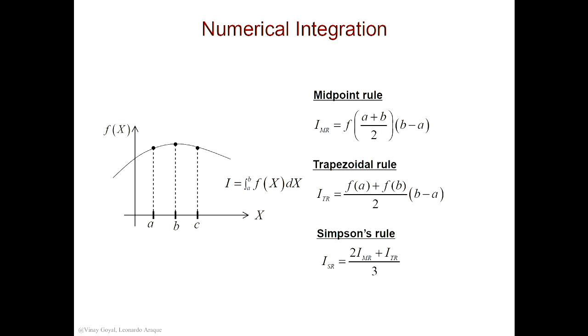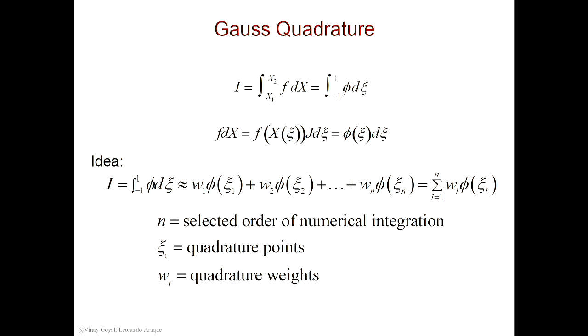It's very powerful. Very powerful. The way it works, you have some integral that goes from x1 to x2, but you have to convert it to -1 to 1 to be able to use this. Okay. And how it works is that you'll sample the quantity phi, okay, at some values, and I'll give you a table that gives you those values.